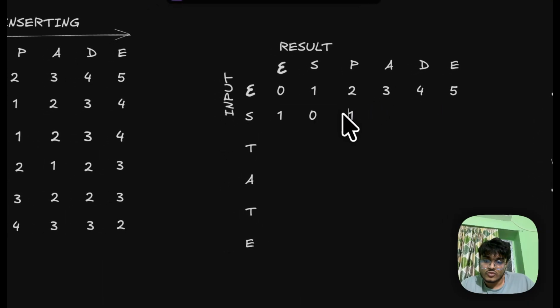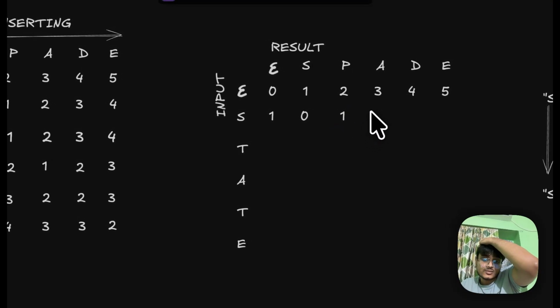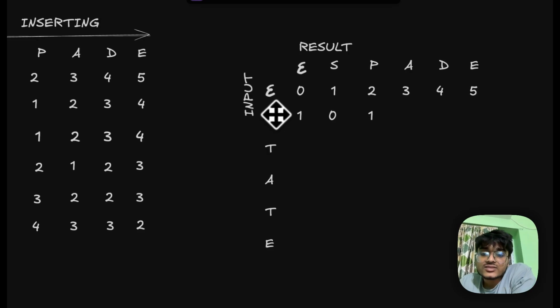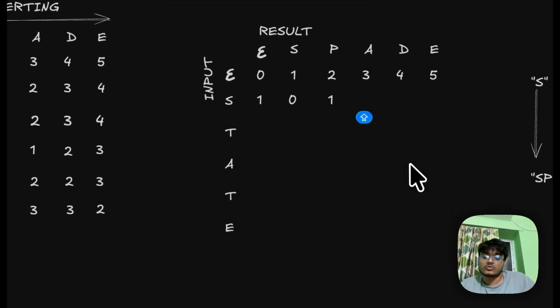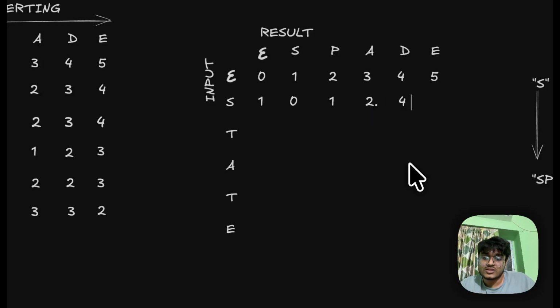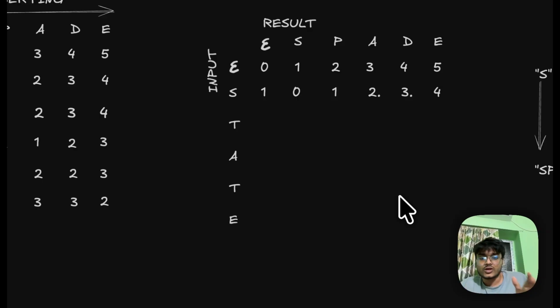Give me some time for formatting. Okay, what is the next thing? If you have to convert an s to an spa, then you might have to bear a cost of 2, similarly 3, similarly 4, because we are just adding.